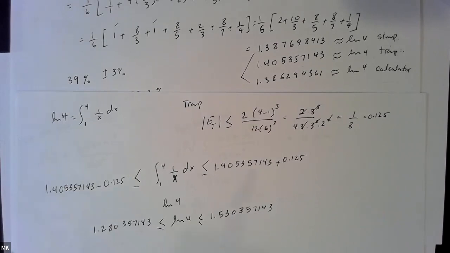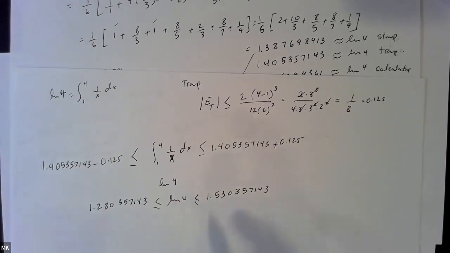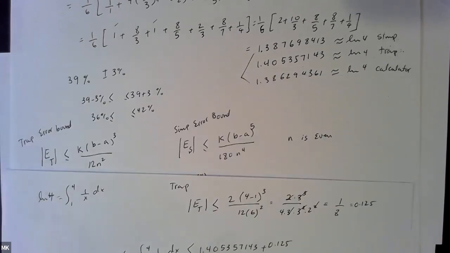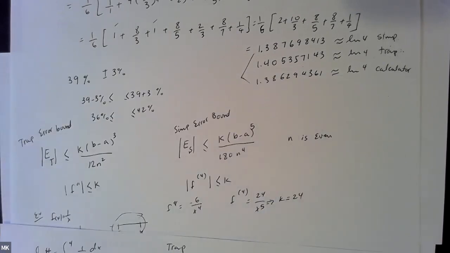If I use Simpson's rule, though, the error bound for Simpson's rule, if you remember the formula for it, is K, and K for Simpson's rule is 24.